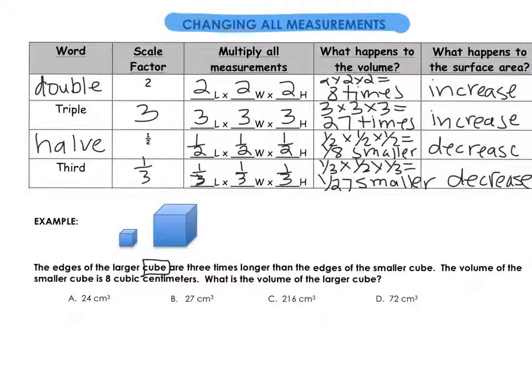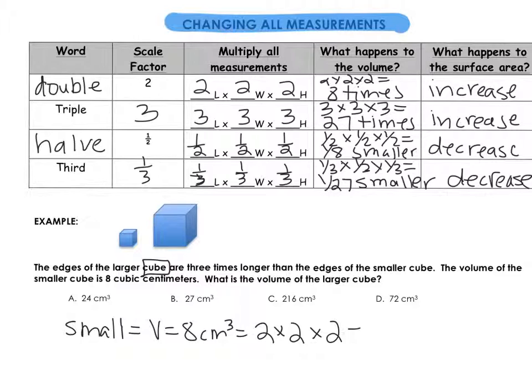I know that the smaller cube has a total volume of 8 cubic centimeters, so I need to figure out what number multiplied by itself three times gives me 8. I know that 2 times 2 times 2 equals 8.